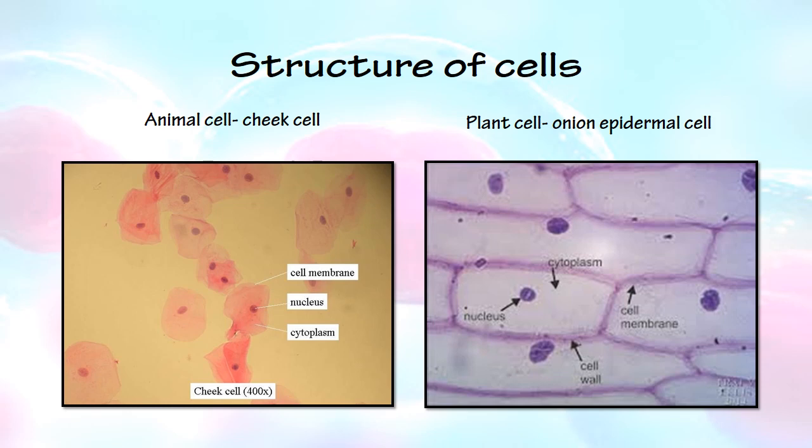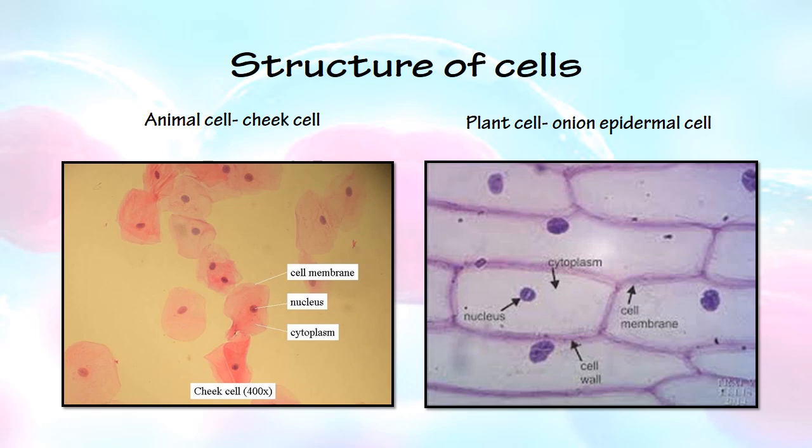Next, how can we observe plant cells? For this practical, you need an onion peel, watch glass, glass slide, cover slip, paintbrush and microscope. Cut an onion and obtain an inner fleshy tissue.